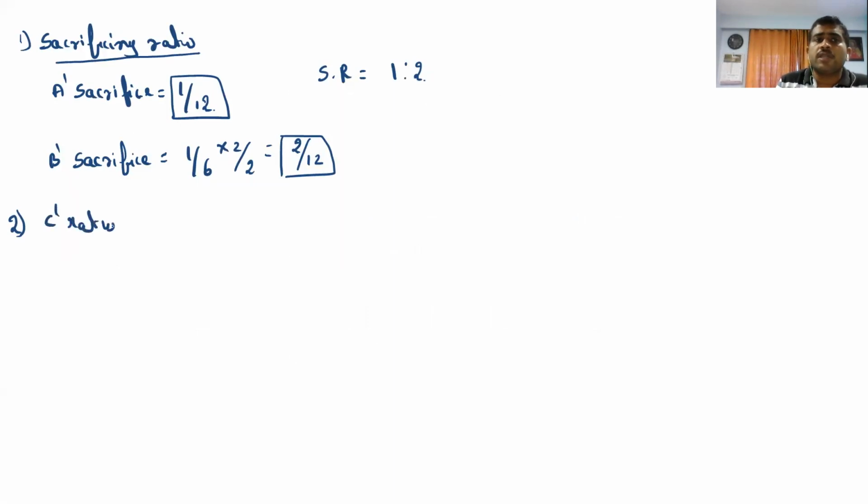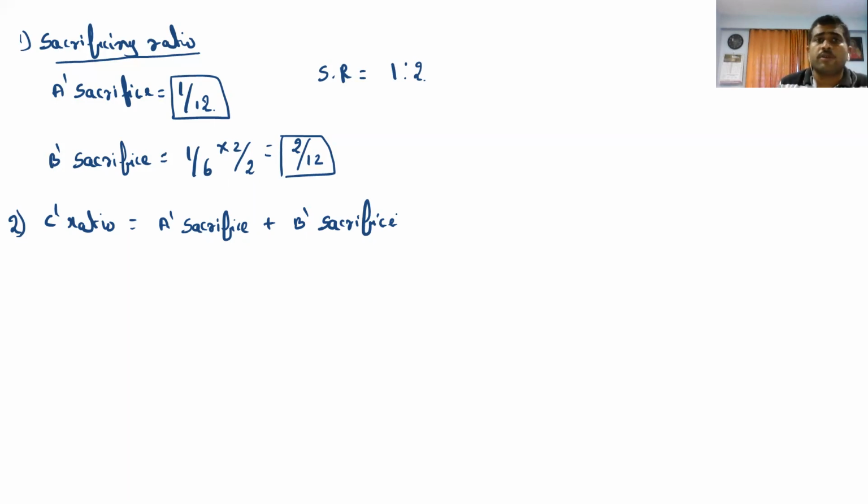So C's ratio is equal to what we can say A's sacrifice plus B's sacrifice. Is it okay? C's ratio we can take as A's sacrifice plus B's sacrifice, right?